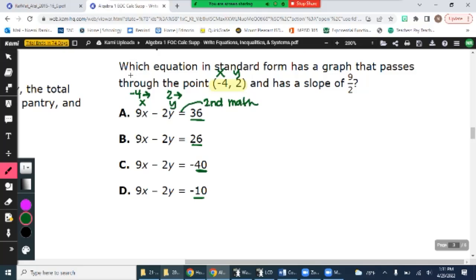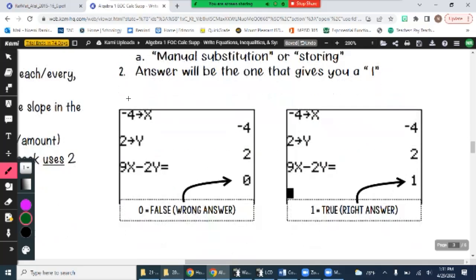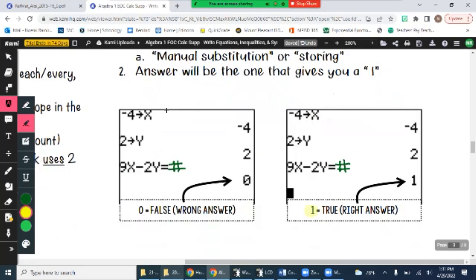And we test it, okay? Now, when you test it, I'm just going to put a little number sign here because this is the only part that's changing. If you end up with a 0, that represents the wrong answer. If you end up with a 1, that represents the right answer because the statement is true.